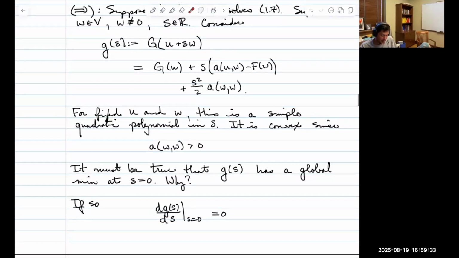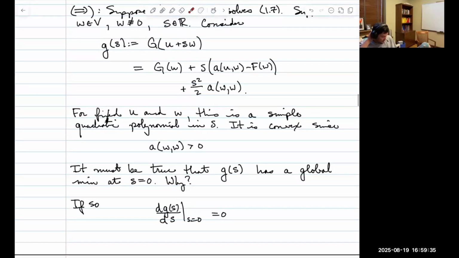Well, because this is just going to be kind of like a section cut out of this. I guess you can view this as like a paraboloid, and we're cutting a section out of that. But notice that the section is going right through U, because W is fixed and U is my minimizer, and S is just some parameter.